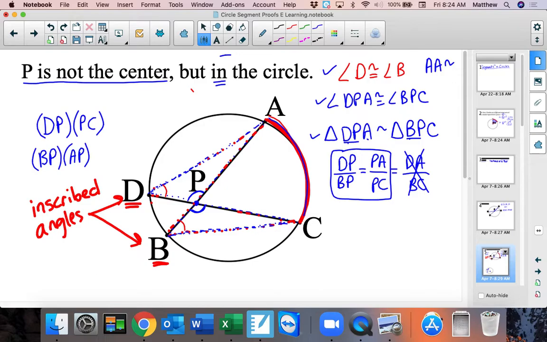If I were to cross multiply, I would see that DP times PC equals BP times AP.